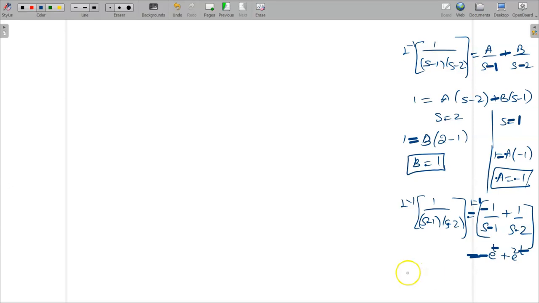Why? Because we know that the Laplace inverse of 1 by (s - a) is e power at. So using that formula I have obtained this. Now let me go to the problem.